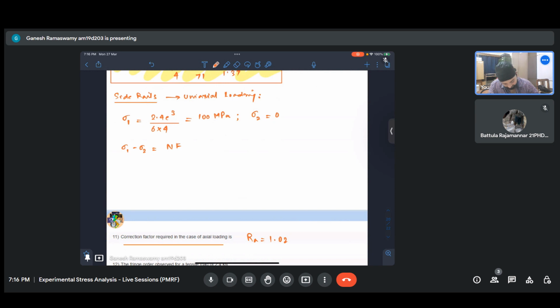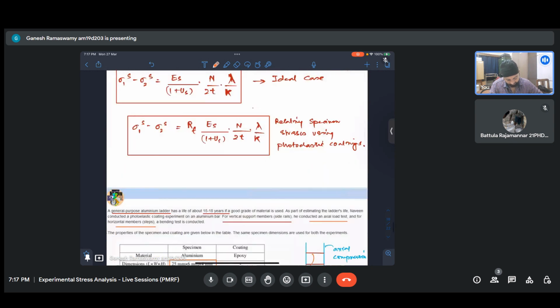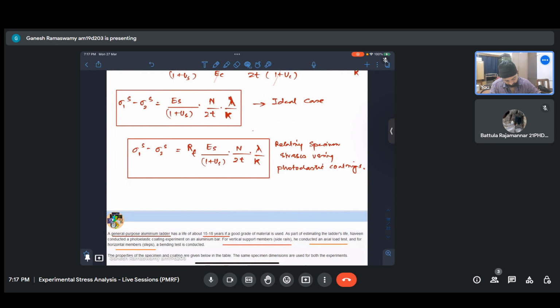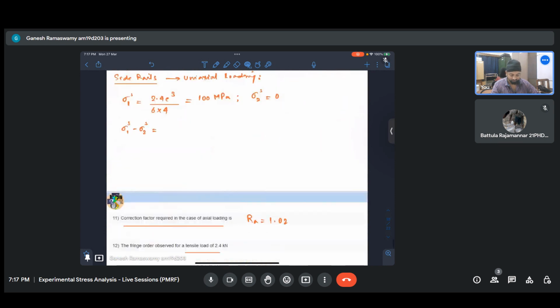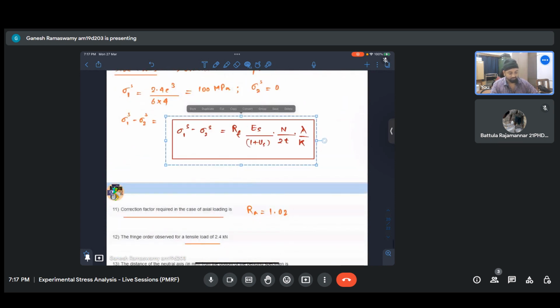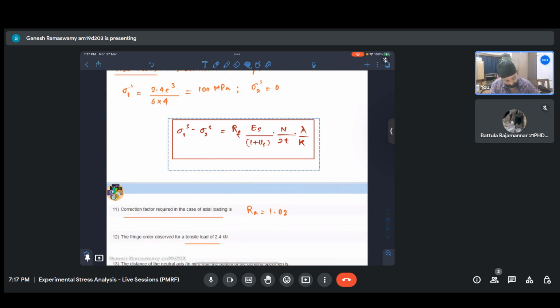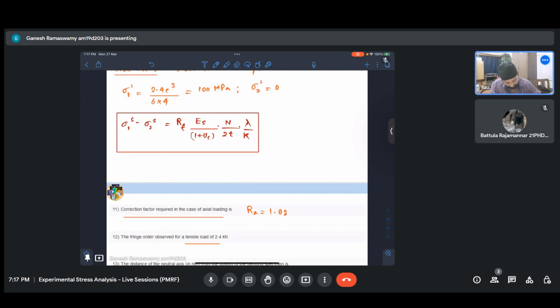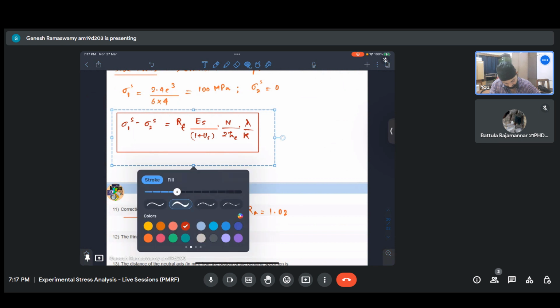Since we are doing it with photoelastic coating, we know that these are specimen stresses. So this will come as we derived it here. This is what we have to use here. So let us put it in place, except that T will be replaced by HC now. Okay, so what does this come out to be?